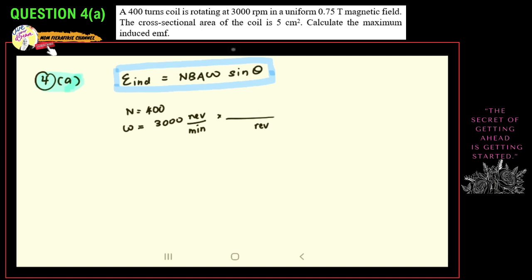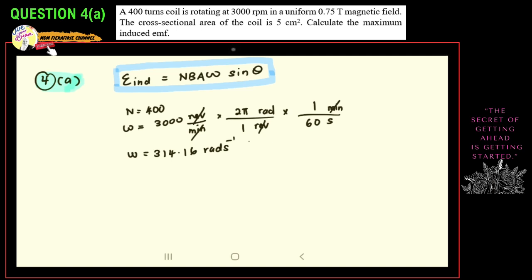Kita nak tukar revolution kepada radian. One revolution is equal to 2 pi radian. So we can cancel revolution and then minute. Another one should be at the top of the fraction. We want to change to seconds. So 1 minute is equal to 60 seconds. So cancel minute. Okay, so take your calculator. Okay, and then omega will equal to 314.16 radian per second. Okay, so ini belum jawapan lagi lah.